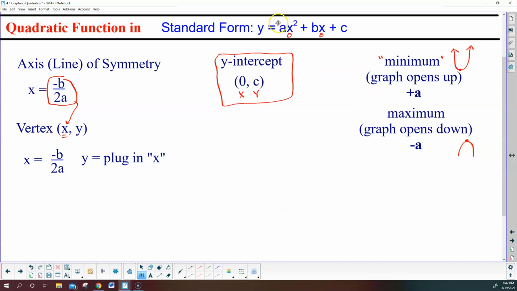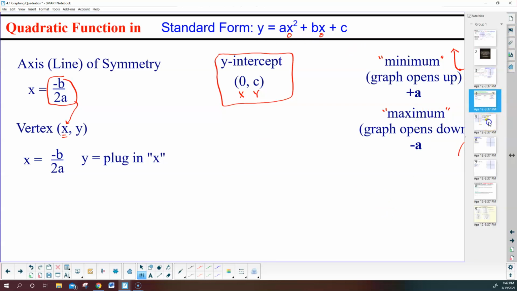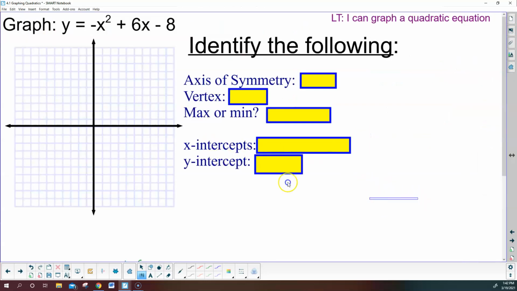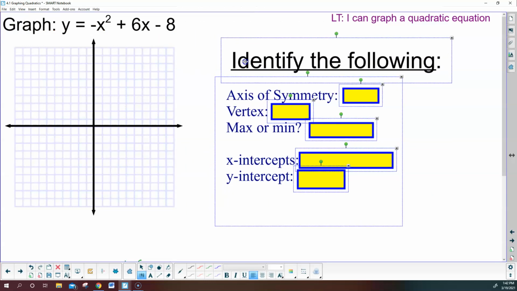Okay? So just by looking at the a value, you know right away before you do anything if your graph should open up or should open down, and if it's a max or a min that occurs. All right? So hit pause, record anything you need to, but let's try using these formulas to graph.